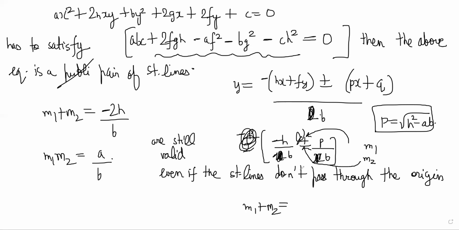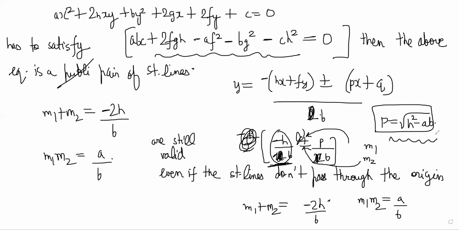So it will be equal to this plus this, so it will again be minus 2h by b. Why? Because minus h by b is there in both, and the plus minus will cancel. And again m1 m2 will be equal to a by b, because you get h square by b square minus p square by b square, and p square is h square minus ab, so it will become ab by b square.